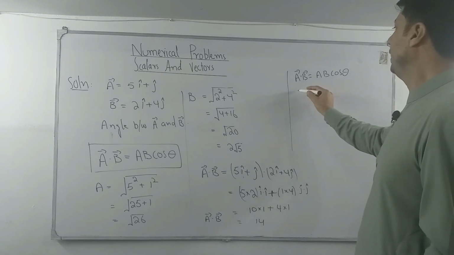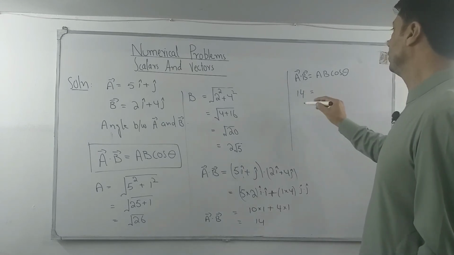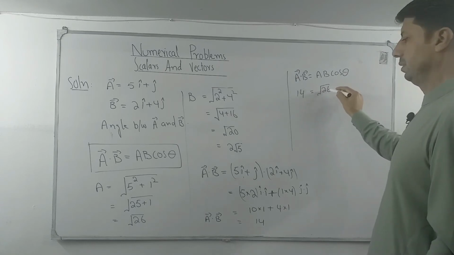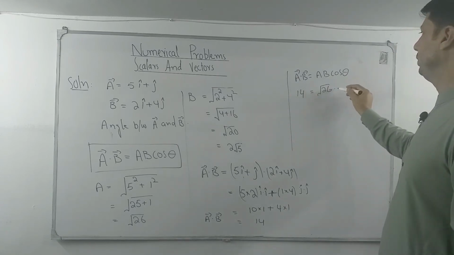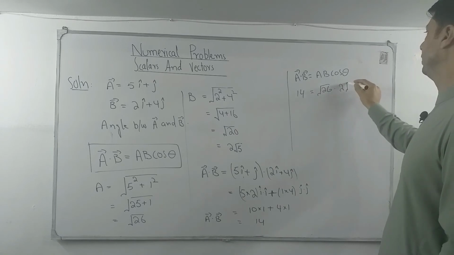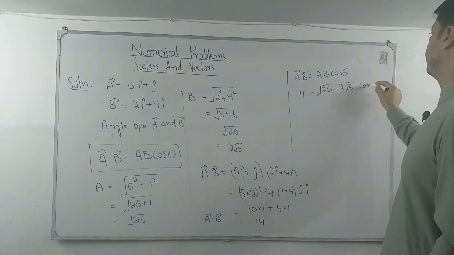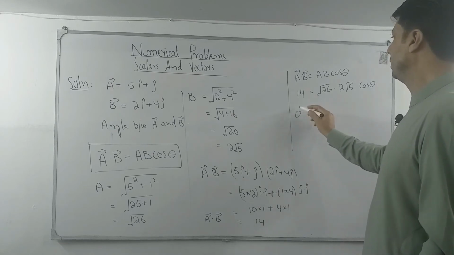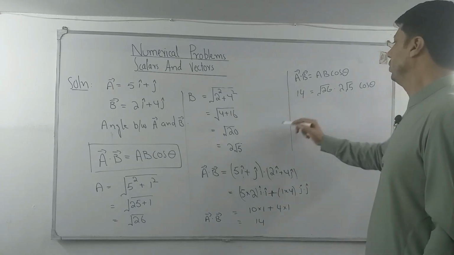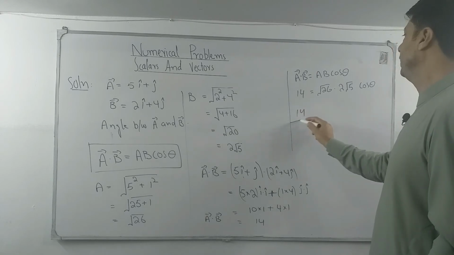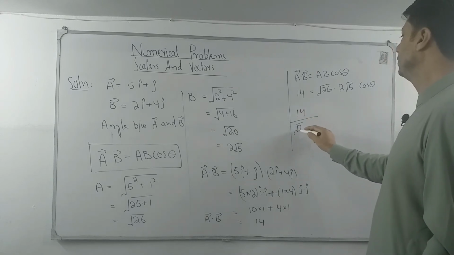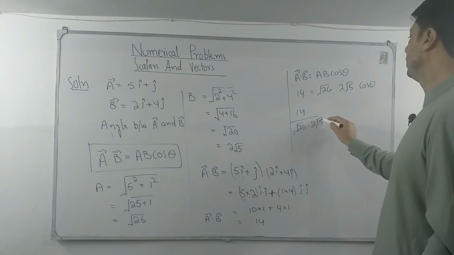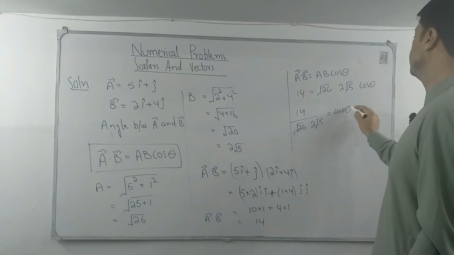A dot B is 14, equal to under root 26 times 2 under root 5 cos theta. Or 14 divided by under root 26 times 2 under root 5 is equal to cos theta.